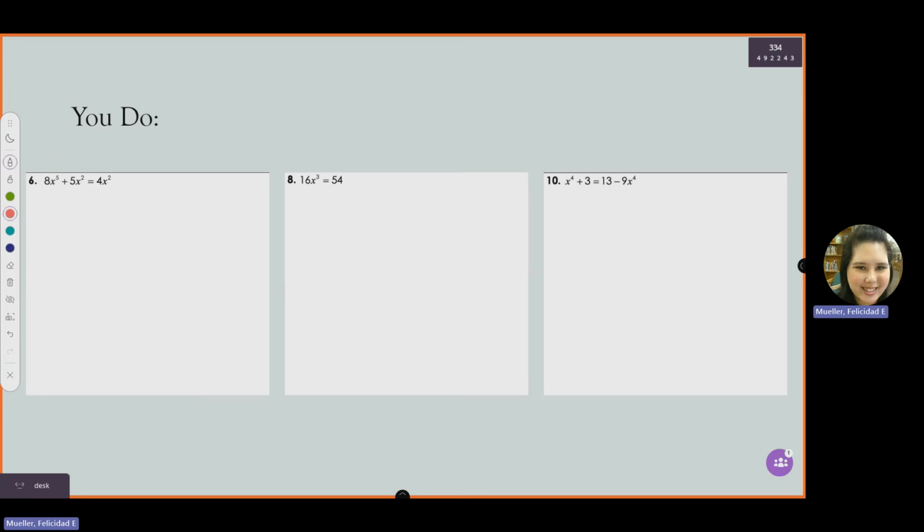All right, let's go ahead and take a look at number 6. As we can see, it is not set equal to 0, so we need to move everything over.